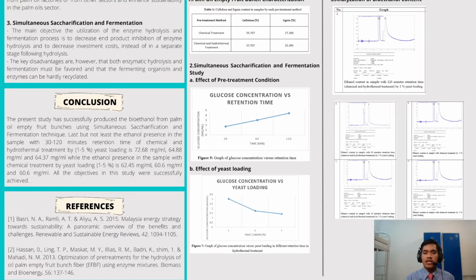the simultaneous saccharification and fermentation technique. Last but not least, the ethanol present in the sample with 30 to 120 minutes retention time of chemical and hydrothermal treatment by 1 to 5% yeast loading is 72.68 mg per mL, 64.88 mg per mL and 64.37 mg per mL, while the ethanol present in the sample with chemical treatment by 1 to 5% yeast loading is 62.45 mg per mL and 60.6 mg per mL.